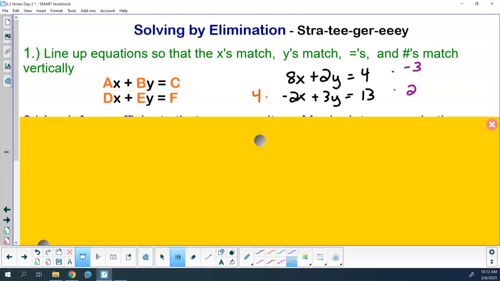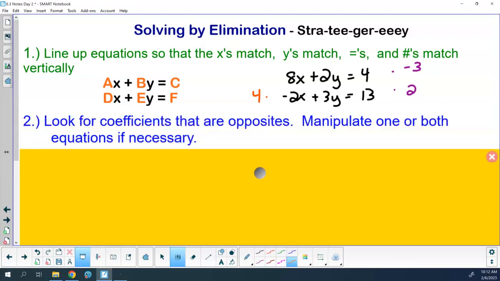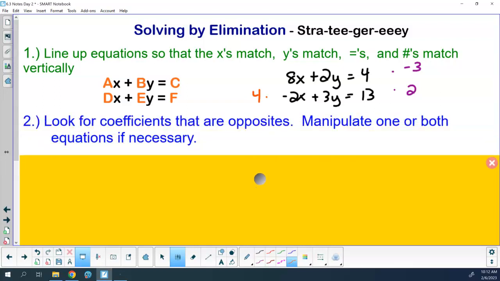So we basically have to choose which one we want to get rid of. Do you want to get rid of x or y? Okay, we want to get rid of y first. So we're looking for coefficients that are opposites. If not, we might have to manipulate one of the equations.